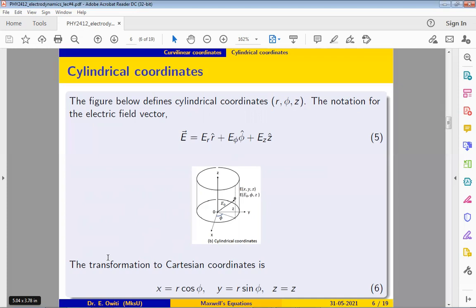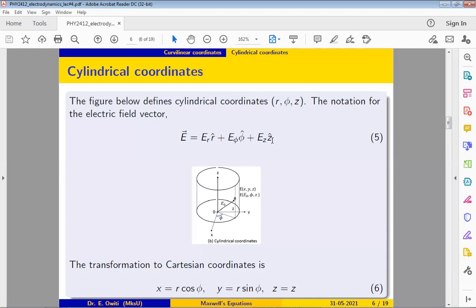The other thing you need to note is that the unit vectors are now not i, j, k. Now we have the unit vector r, the unit vector phi, and the unit vector z, so you have a coordinate system that has three axes for r, phi, and z.